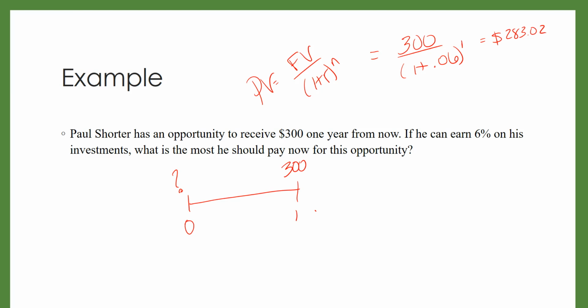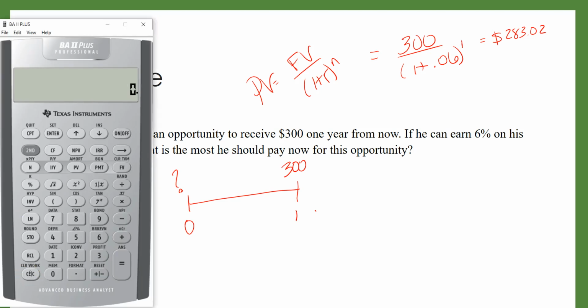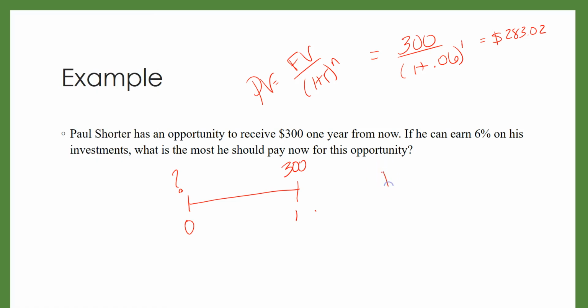Alternatively, you could use your financial calculator. So remember, the first step is to clear our time value of money. So, clear TVM. And let's put in what we know. We know that our future value is 300, and that's a positive 300. Our N is 1 year.